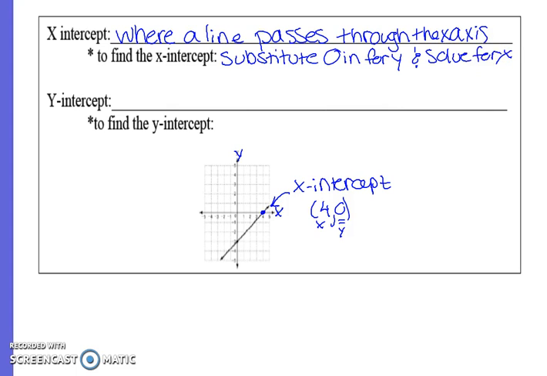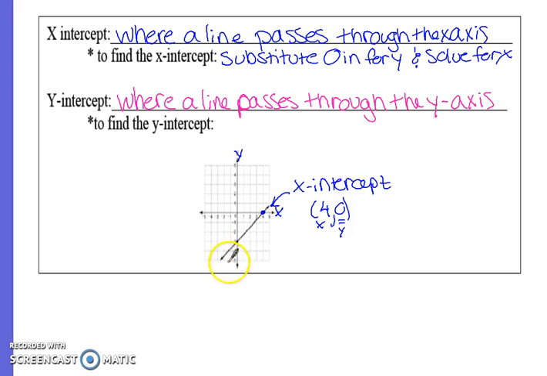Your y-intercept, I bet you can guess now, it's where a line passes through the y-axis. So let's look down here. Right here is my y-intercept.